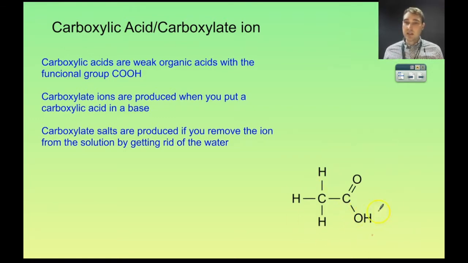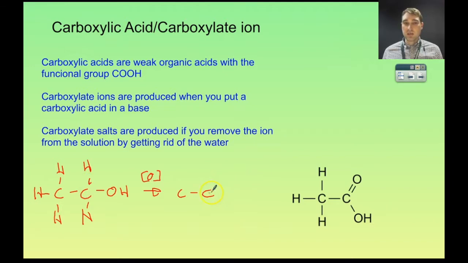So how did we make this ethanoic acid? We started with ethanol. Ethanol is a primary alcohol, so two carbons, methyl ethyl. We've got an OH group, a hydroxyl group, that's what makes it an alcohol. Then we oxidize that. We show oxidation using an arrow and square brackets with an O. Ethanol oxidizes to ethanal, so it's a primary alcohol.